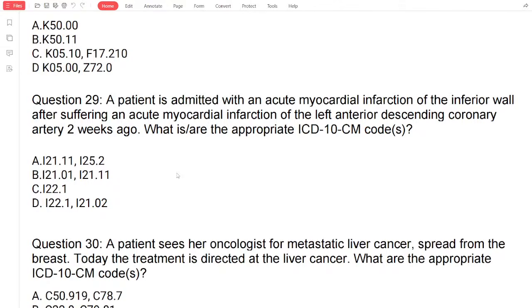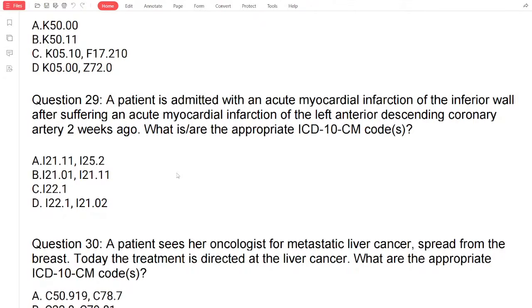Actually, for the 28th one, C is the correct answer, dear.